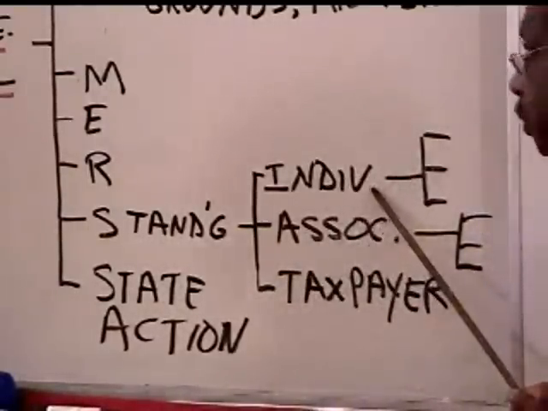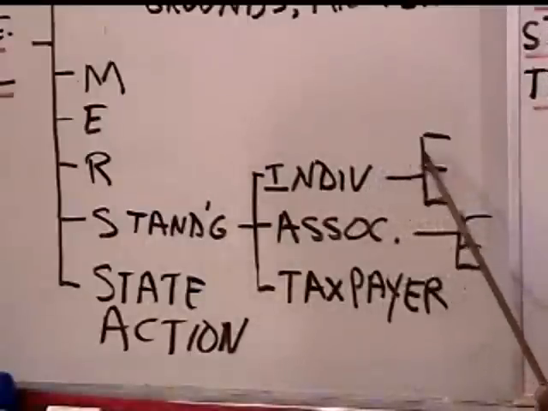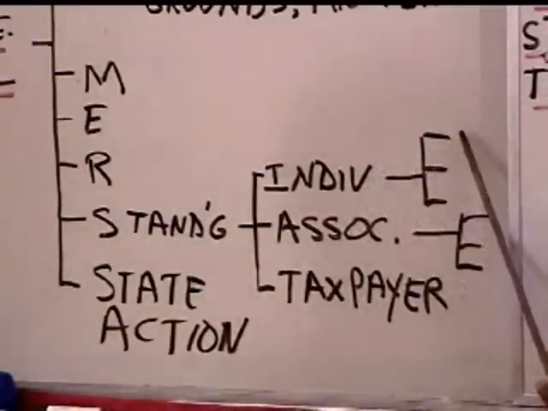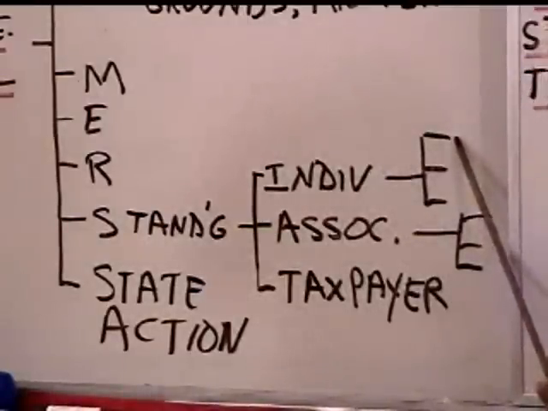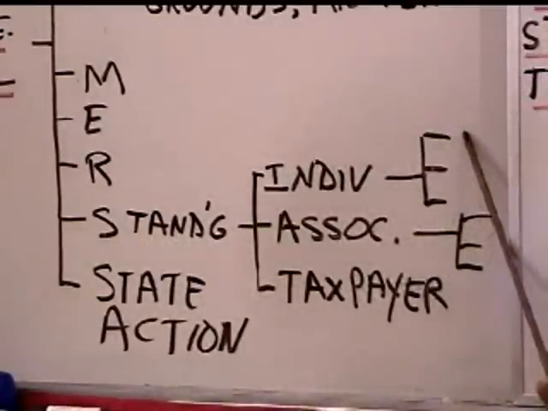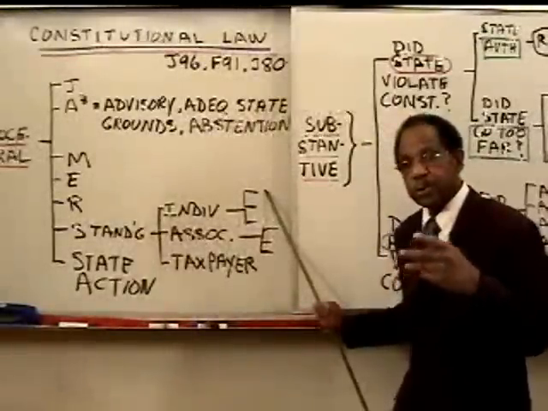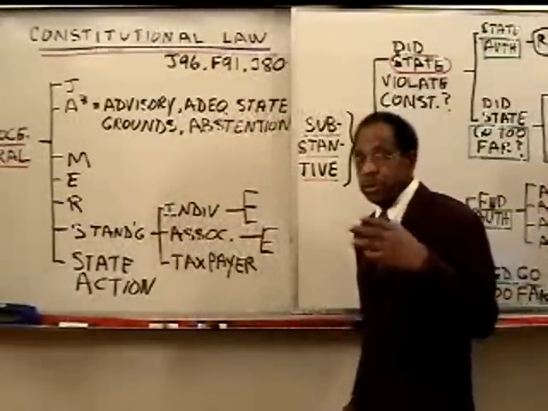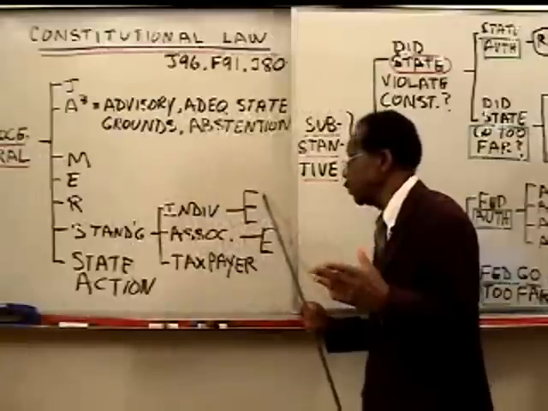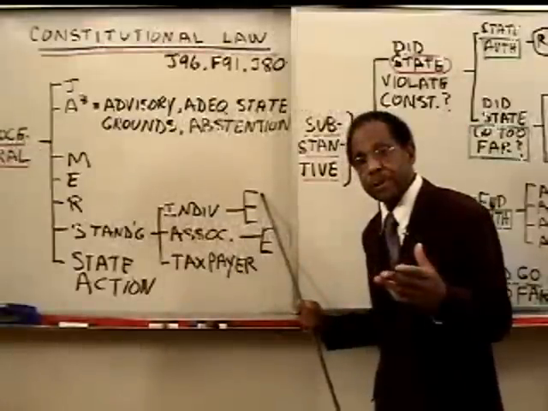For an individual to have standing, the rules are that the person who is suing must have an injury in fact, that is, they've actually been injured. Now, in the case where you're seeking declaratory relief or you're seeking an injunction, you're usually doing that before the injury in fact has occurred.